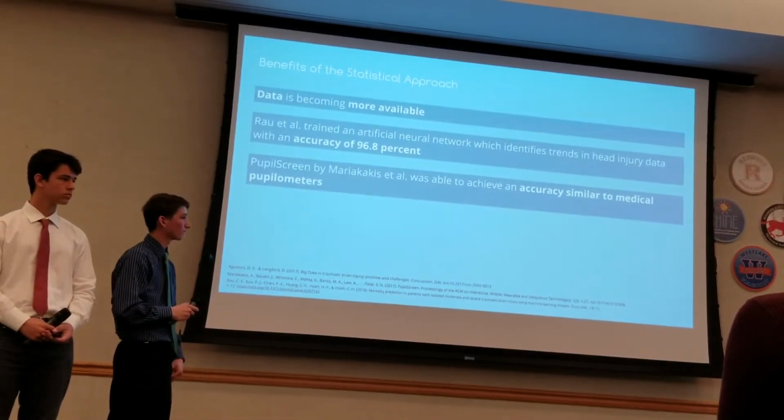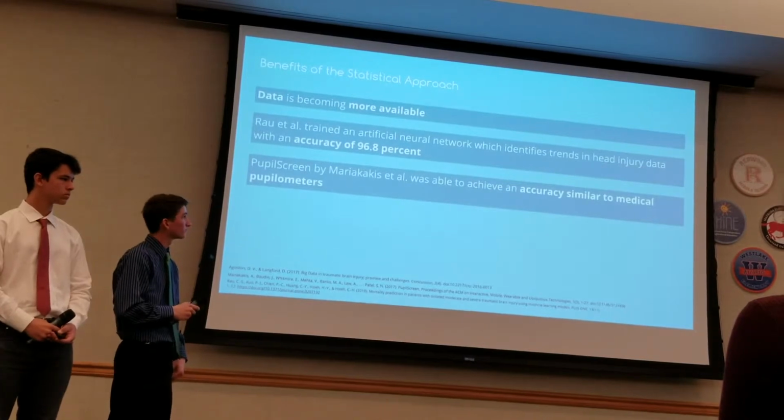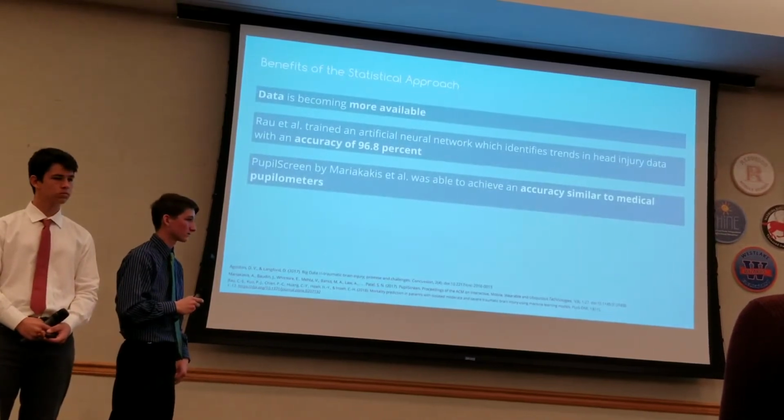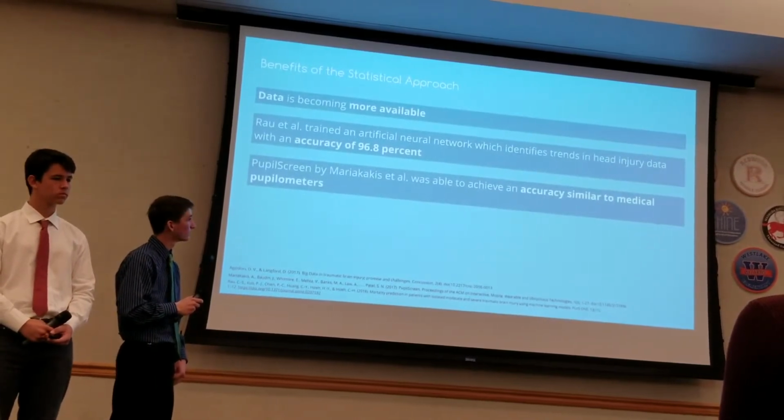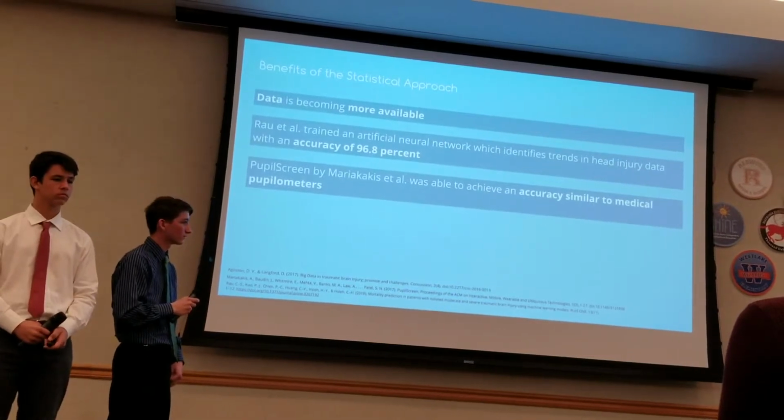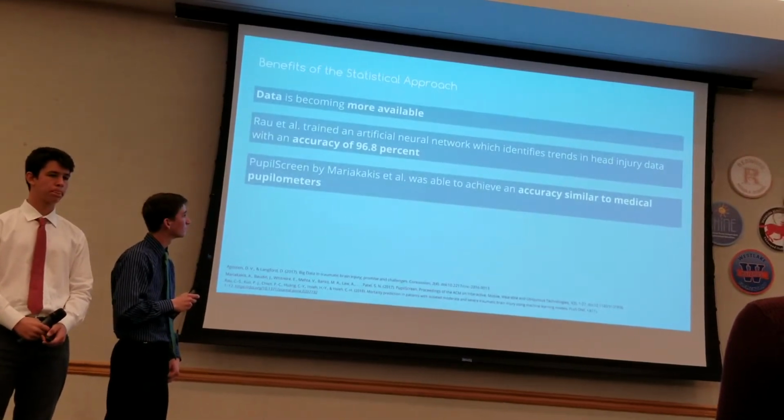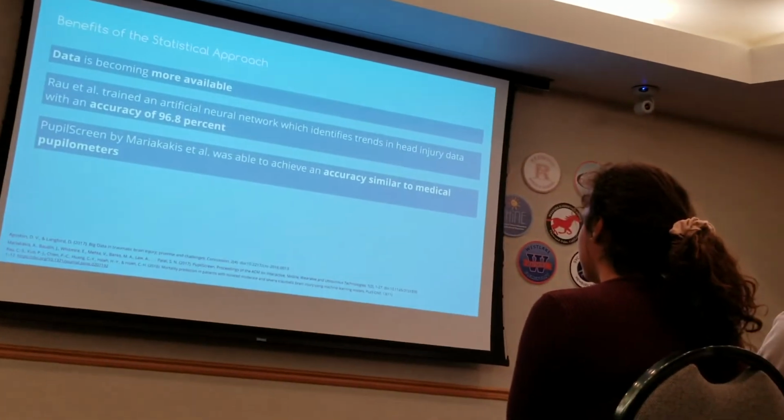And the pupil screen by the researchers at the University of Washington was able to determine an accuracy similar to the $45,000 pupillometers that are used in intensive care units at hospitals.